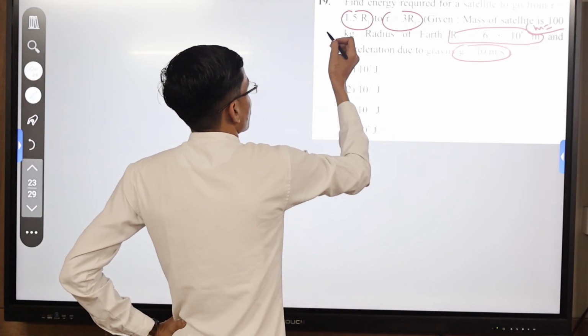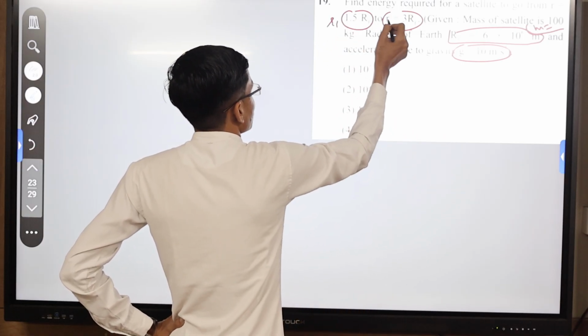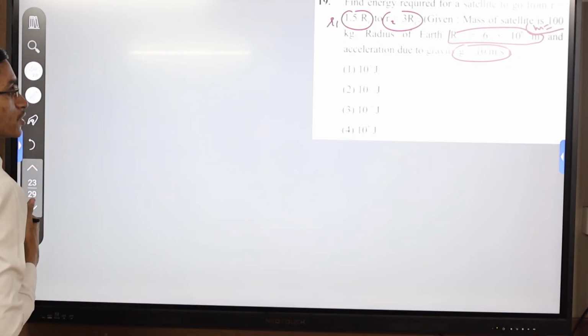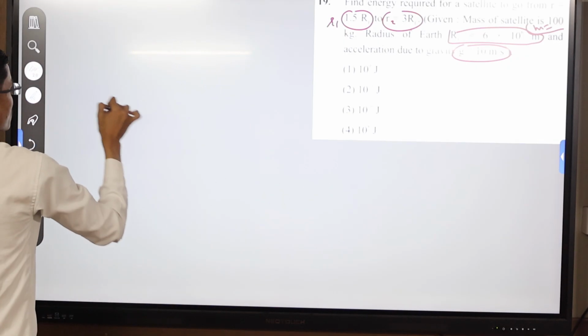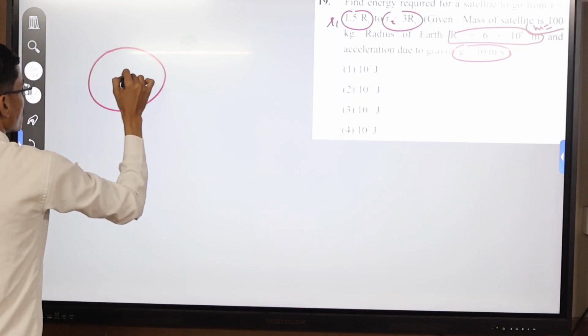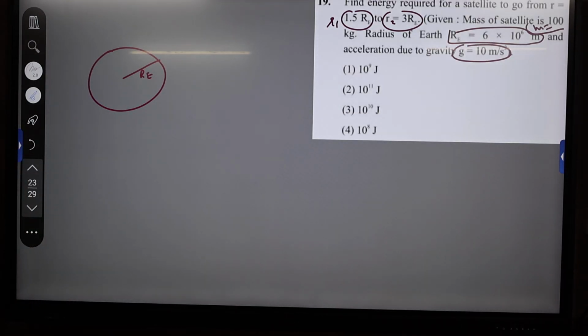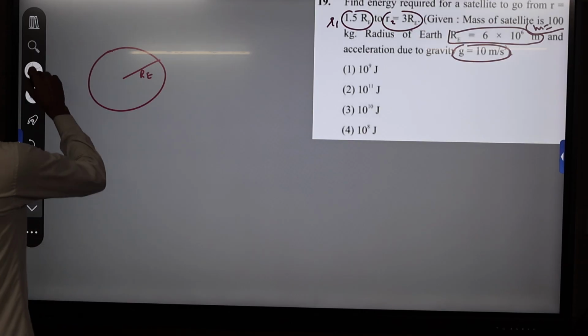Let us say this is R1 and this is R2. So we need the energy required for the satellite to go from R1 to R2. Say this is our Mother Earth and the radius of Earth is RE. Now, one satellite is revolving around this Earth at a distance of 1.5 RE.